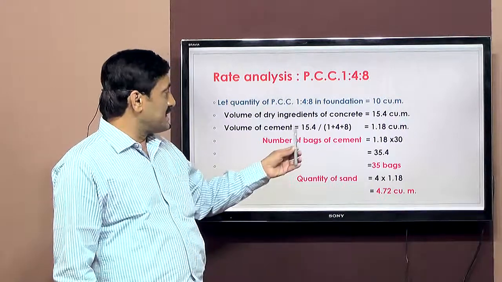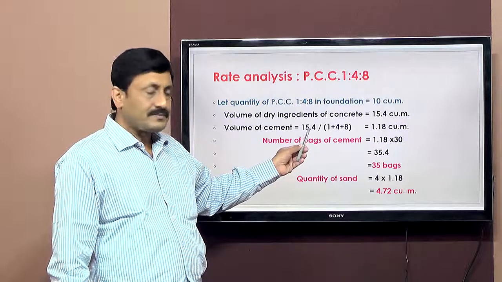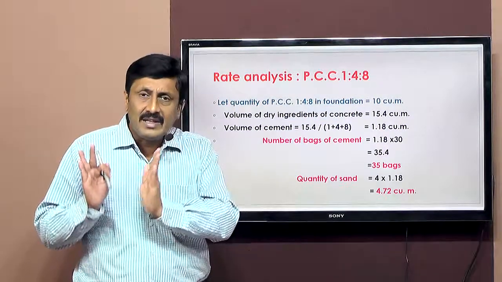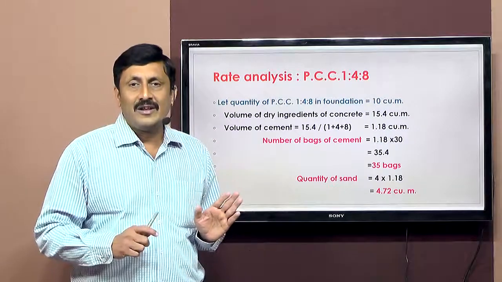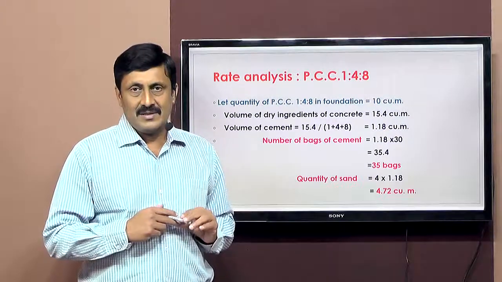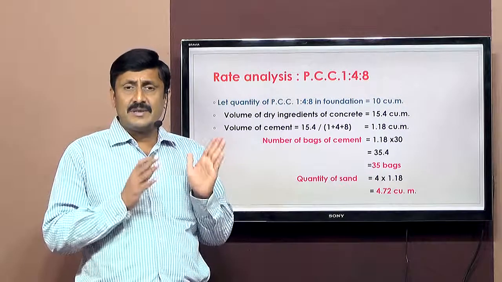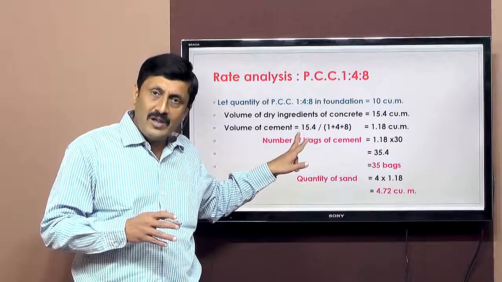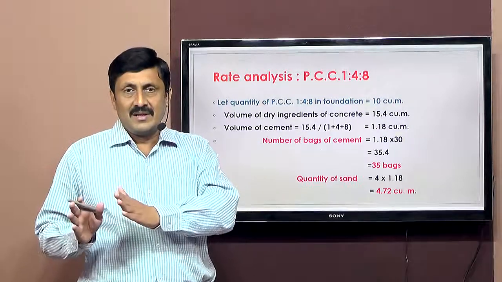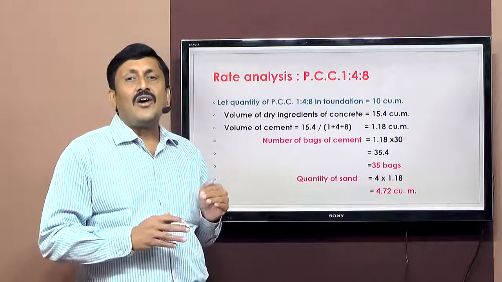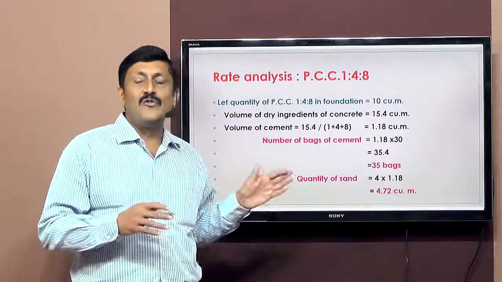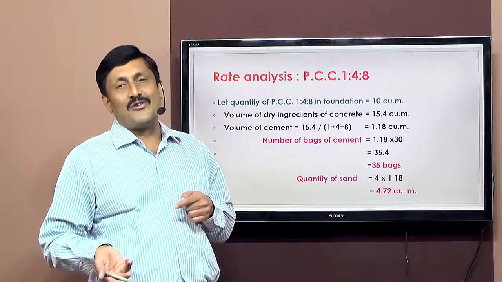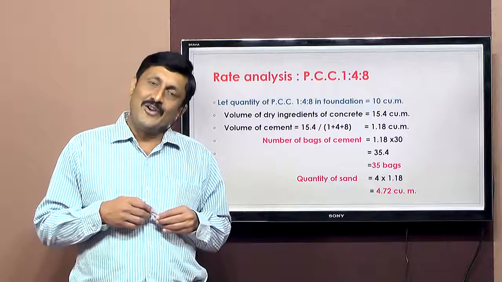So here 15.4 is divided into 13 equal parts, that means 1/13th part of 15.4 is the volume of cement. 4/13th part of 15.4 will be the quantity of sand, and 8/13th part of 15.4 will be the quantity of aggregates.